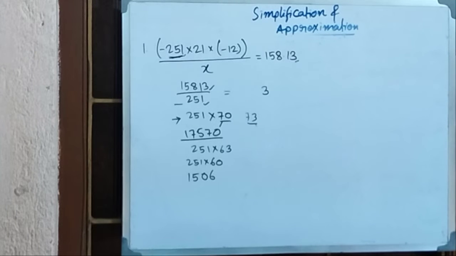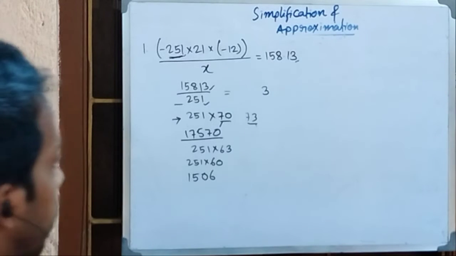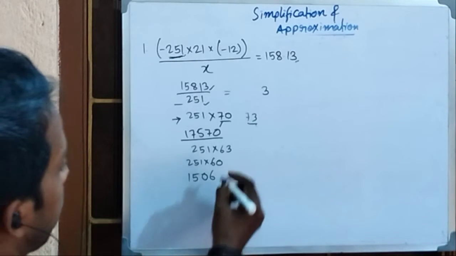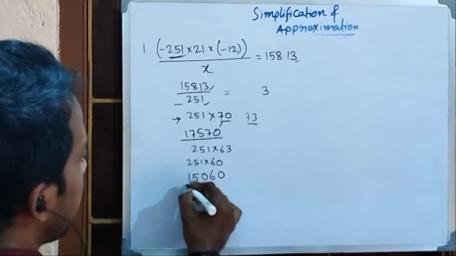So here see, 251 into 63 would give the answer, right? Because why? This is 60. This is very close to 15813.